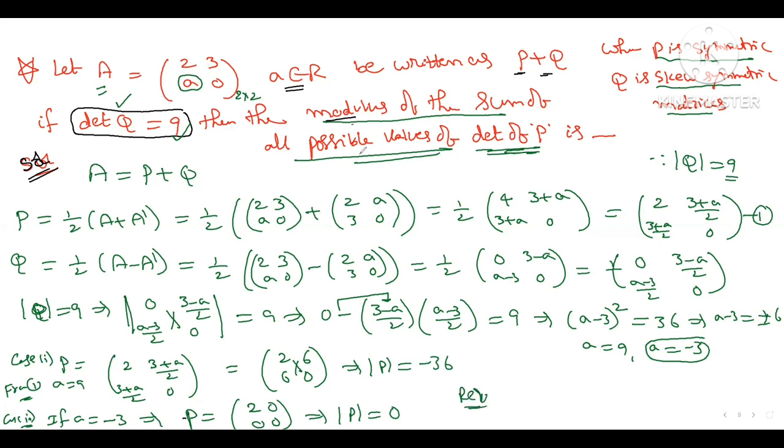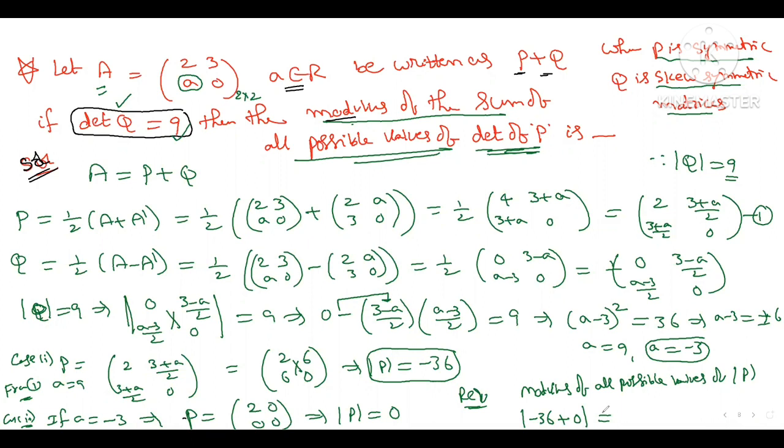So what is required here? Modulus of the sum of all possible values of det P. In the first case, det P value is minus 36. So the required is the modulus of the sum of all possible values of det P. Here we have got minus 36 plus 0, modulus.